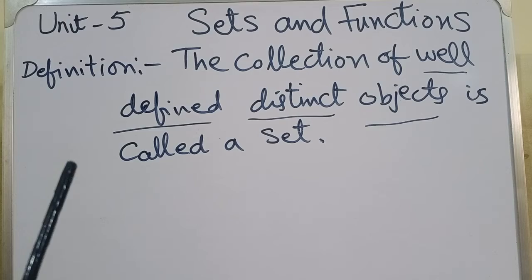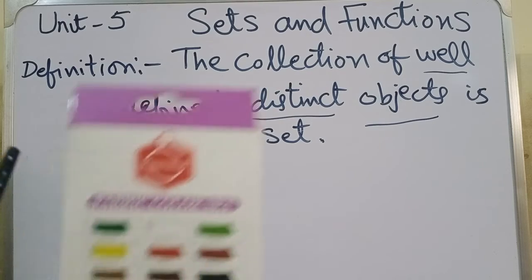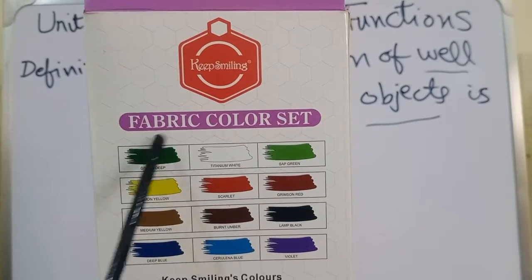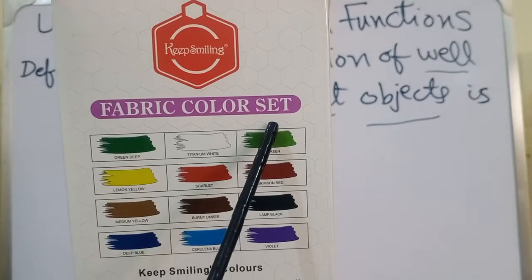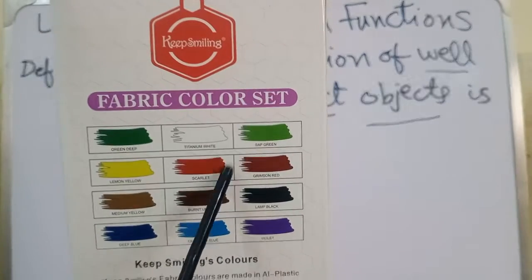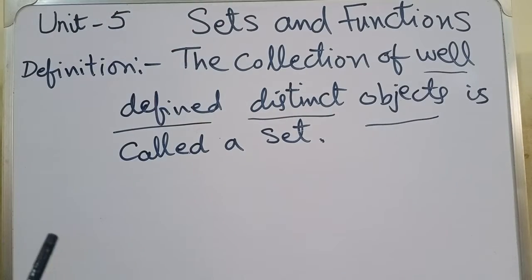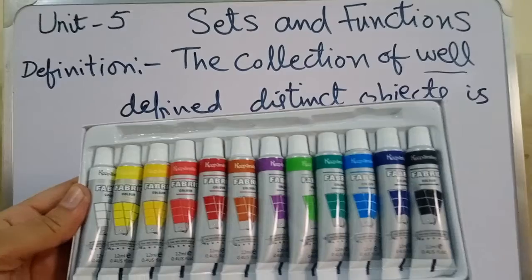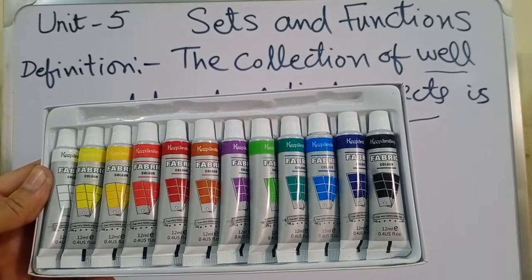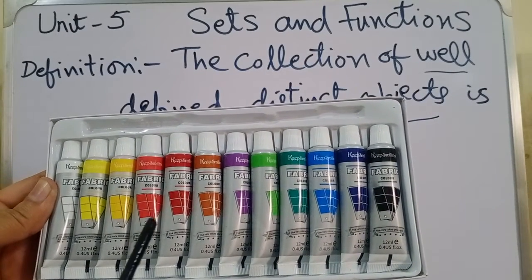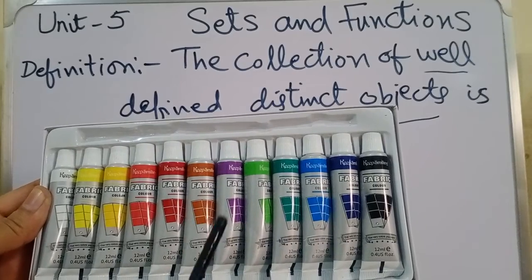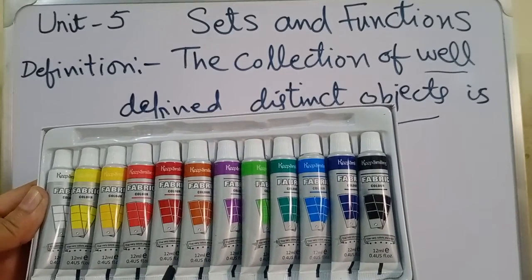Next, I want to show you I have a fabric color set. These are colors which I use for my fabrics, and this is the set. Now you can easily see that these are well defined. How are these well defined?